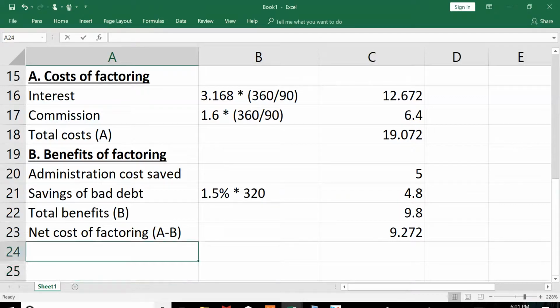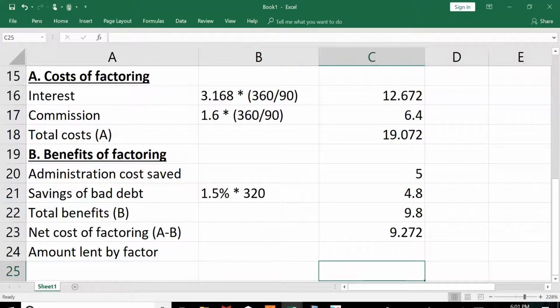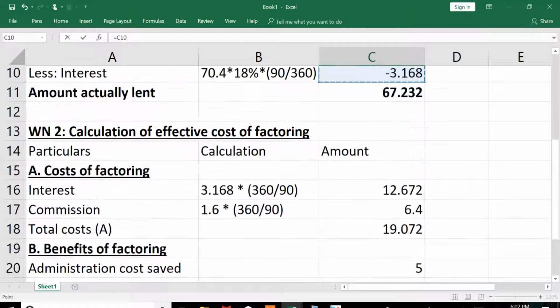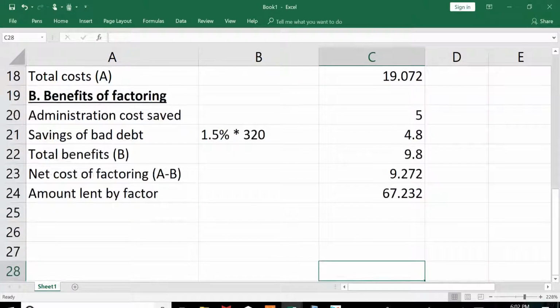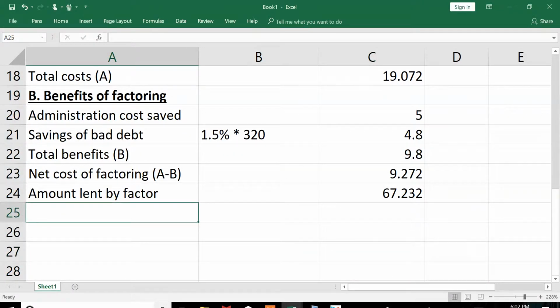Then the amount lent by the factor, which is 67.232.